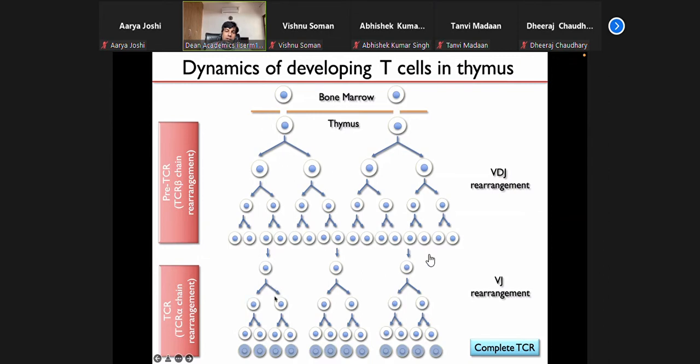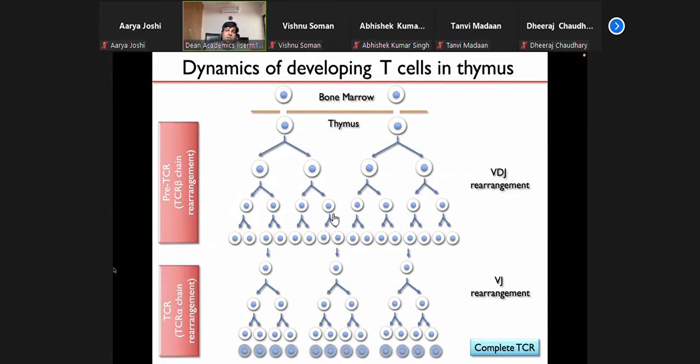Again, not everything that you have generated here is going to be selected, because at this stage you will determine whether the cells are reacting to your own antigen or not. If they react to your own antigen, they are going to die. If they don't recognize your own antigen, they are going to survive.